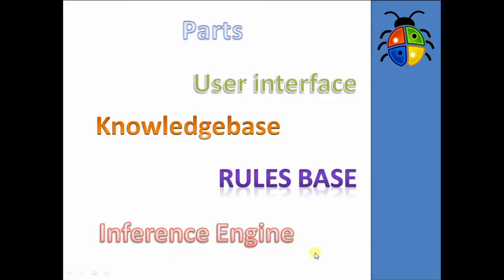Our final part here is the brain of the whole thing, the inference engine. In a simple system, this is just going to maybe return a simple solution. But once we get into more complex areas, the inference engine is going to take information from the knowledge base and the rules base, combine it with the user's entries, and come to some conclusion.